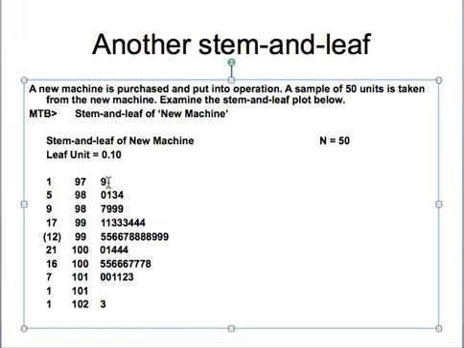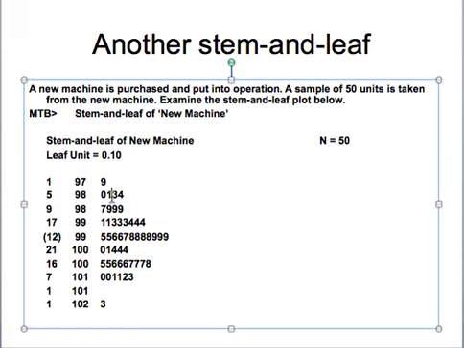Now remember, the leaf is your trailing digit and the stem is your leading digit. So you're going to have in front 9, 7, and then you're going to have 0.9. So that's 97.9. The second value in our data set has a 0 in the leaf. 0 times 0.1 is 0. So this second value is 98.0.